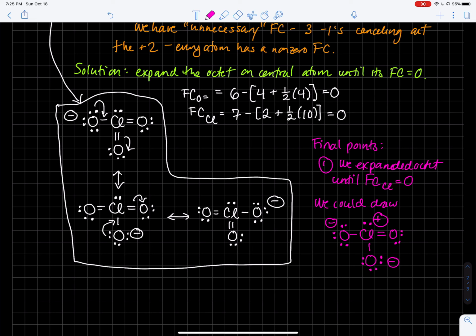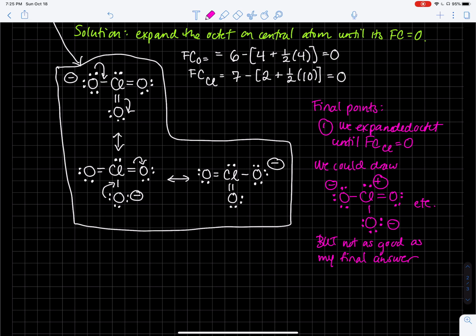So it started at +2. We could make 1 double bond and bring it down to +1 and have 2 oxygens with negative charge, etc., because that also has 2 other resonance structures. But this is not as good as my final answer. So at least in my universe, you don't need to show this intermediate option because it's not as good as the example where you take the chlorine all the way to formal charge of 0.